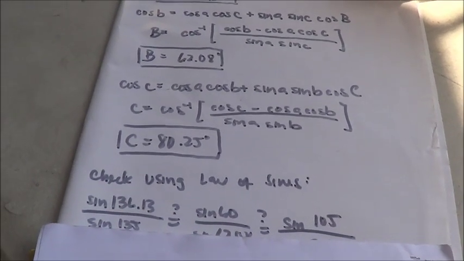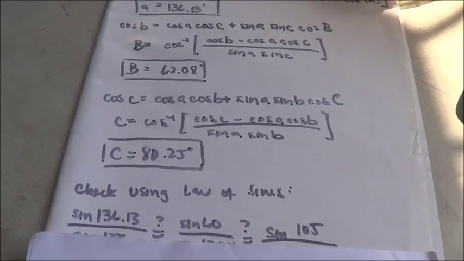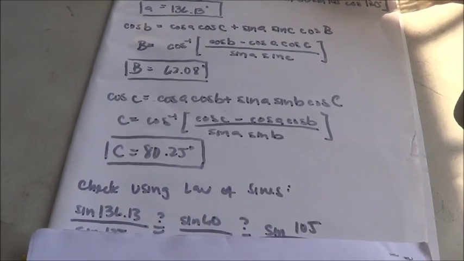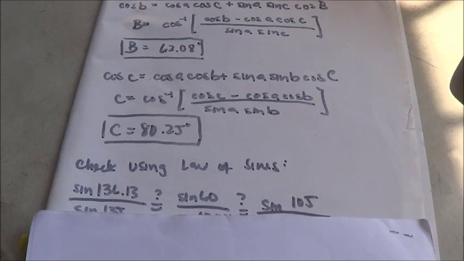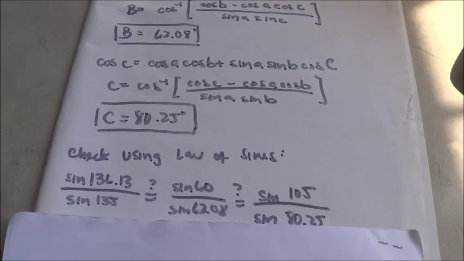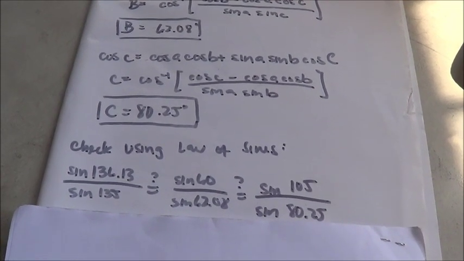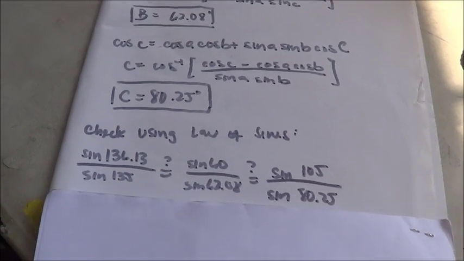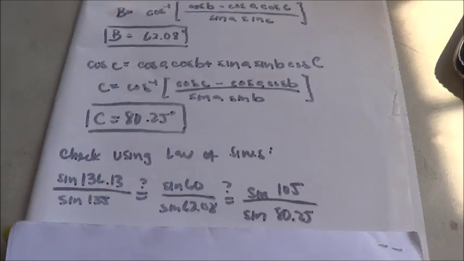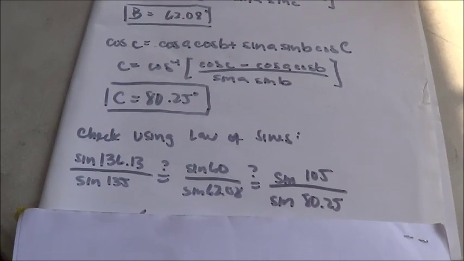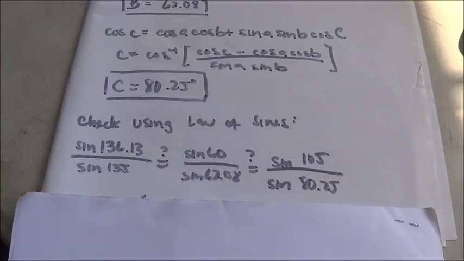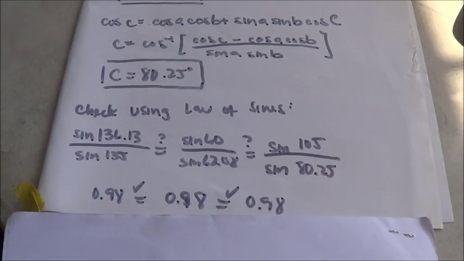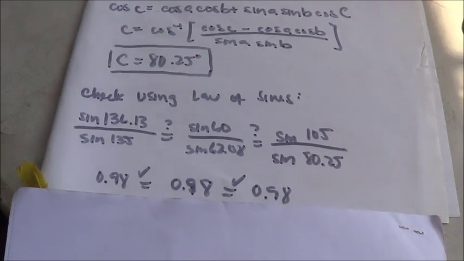Again, the law of sine is sine small a over sine big A is equal to sine small b over sine big B is equal to sine small c over sine big C. If the three are equal, then your answers are correct. So plugging in all the values you have solved for, this is what you will get, and you will find out that it's equal, which means that your answer is correct.